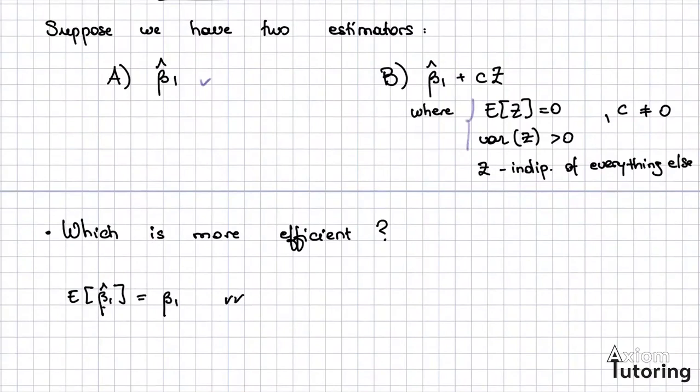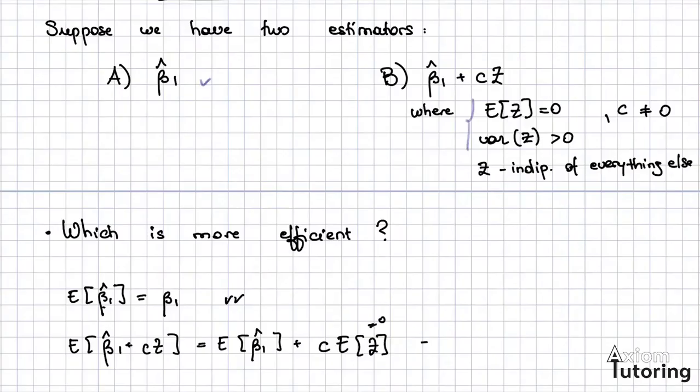For the second estimator, we've got the expectation of beta 1 hat plus cZ, which gives us the expectation of beta 1 hat plus c times the expectation of Z. And we've been given that the expectation of Z is 0, so the entire expression is also equal to beta 1, which means, yes, both are unbiased.